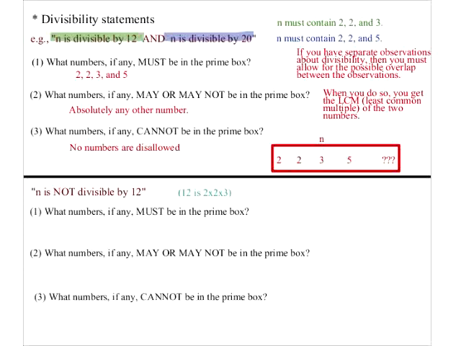Are there any numbers that must be in the prime box? Okay, there are none, because all we know is that n is not divisible by 12. We're not told that n is divisible by anything.